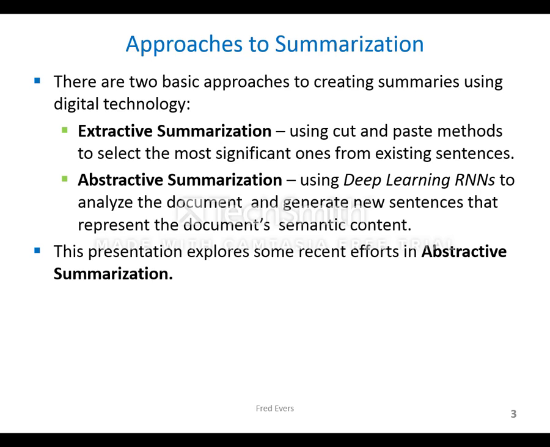This has been automated to some extent. But what is more interesting to us in this class is called abstractive summarization, which uses an unsupervised learning technique of short-term neural networks to be able to extract information independently of any human interaction.